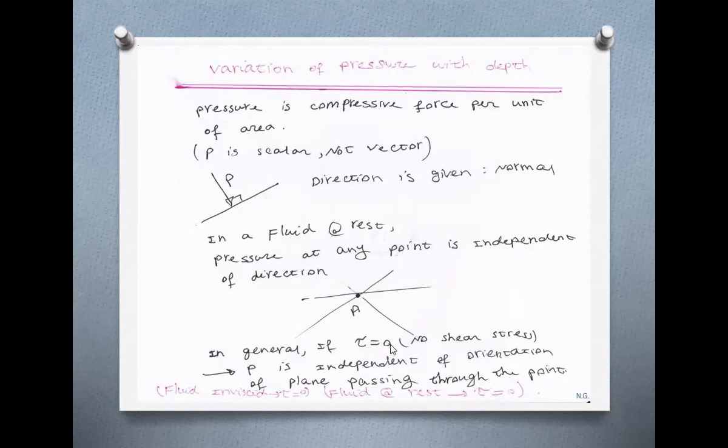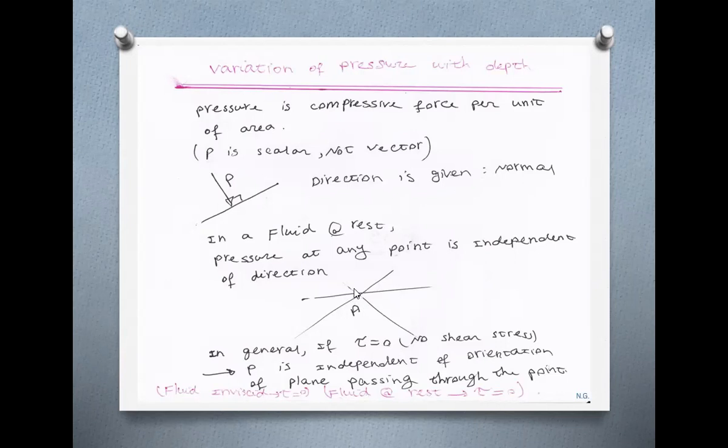In those cases, there is no shear stress. Shear is like friction. It's like tangent force divided by the area. So if there is no shear stress, then you can say pressure at any random point in the fluid is independent of direction.